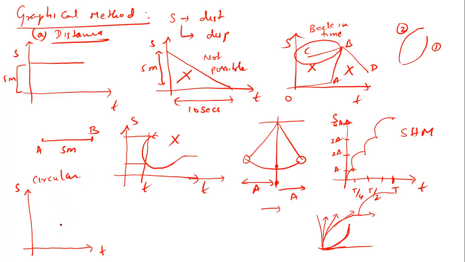Circular. Now, in case of circular motion, what happens? How does the ST graph change?